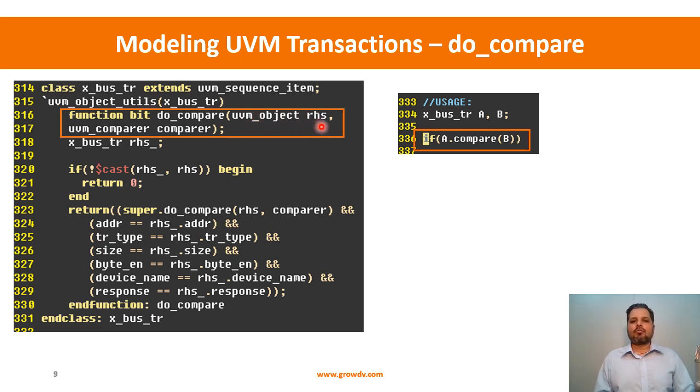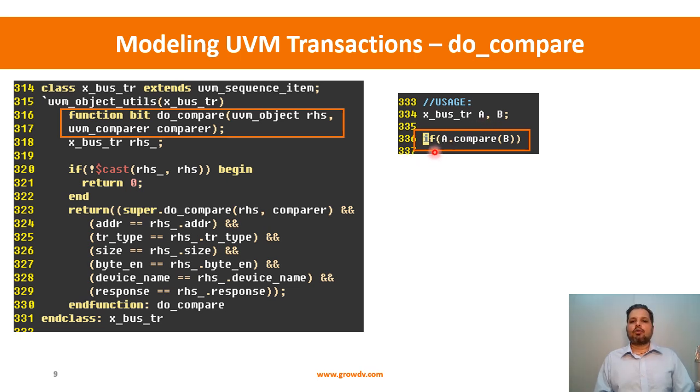So we have UVM object RHS, which is what we are trying to compare. What it means is, let's say we have X bus transaction A comma B. Please note that I'm not showing you how these objects have gotten created, but understand that at the point of line 336 these two objects are present. That is assumed.